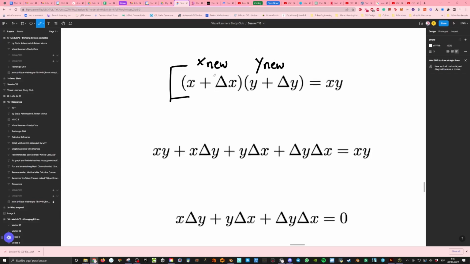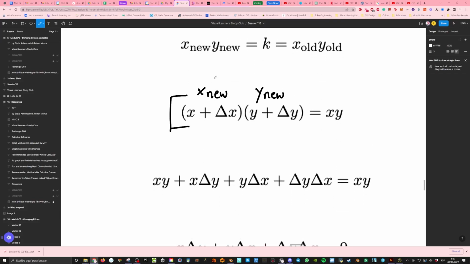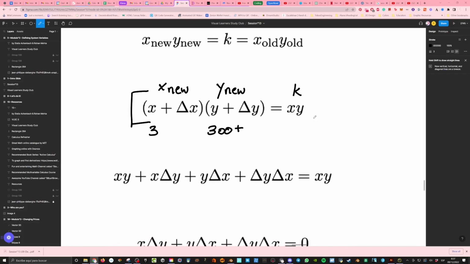We literally wrote X new into Y new is equal to X old into Y old. And in this case, X old and Y old are X and Y itself. So in the question, we had X is equal to 3 and Y is equal to 300. So X is 3, and this is 300. And delta Y we knew was 200, right? Yeah, perfect.